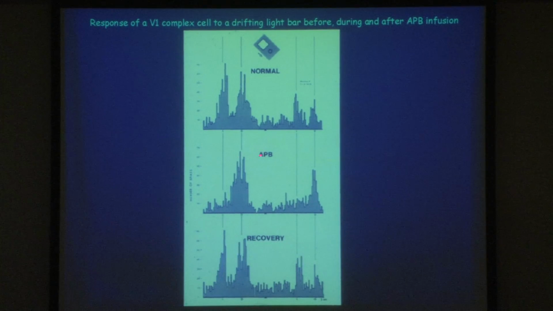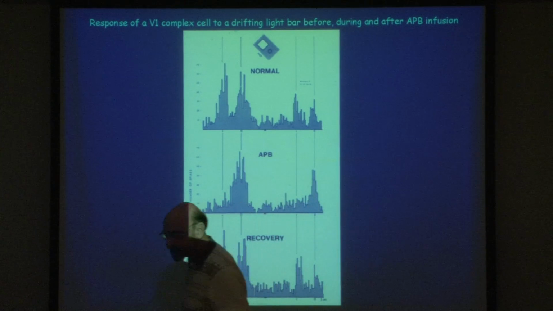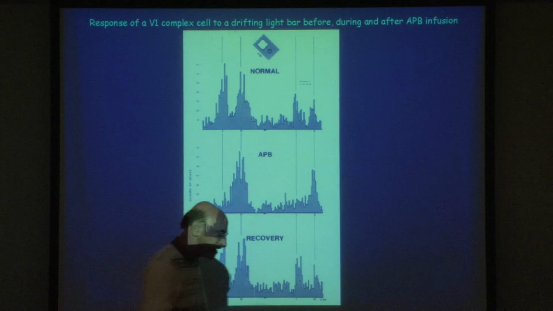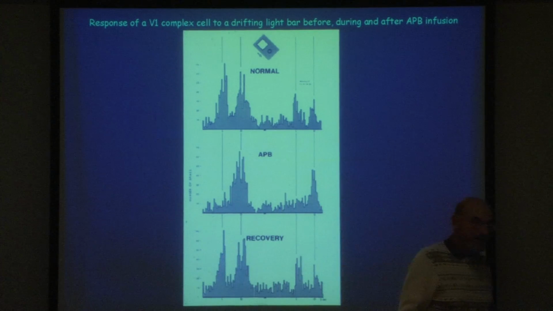Now then, when you inject APB into the eye, look what happens. You eliminate the light edge response here and here, but the cell is still directionally biased. So direction specificity was maintained. And when this was studied in many, many, many cells, even cells that were 100% direction specific, blocking the on channel did not eliminate directionality in the cortex.